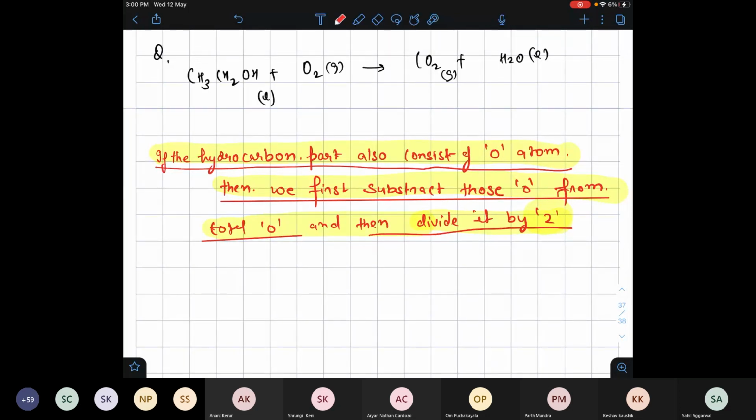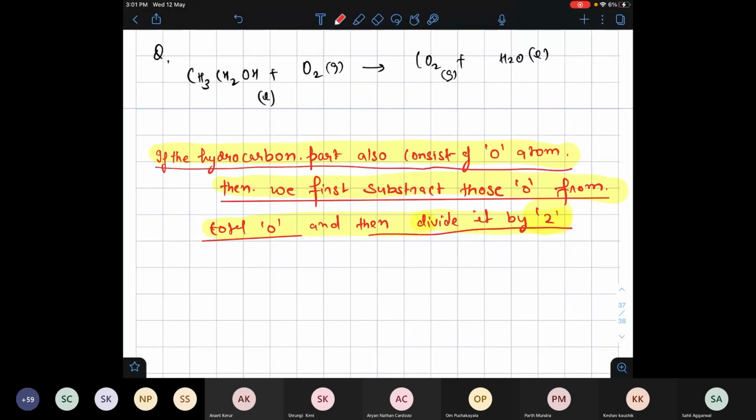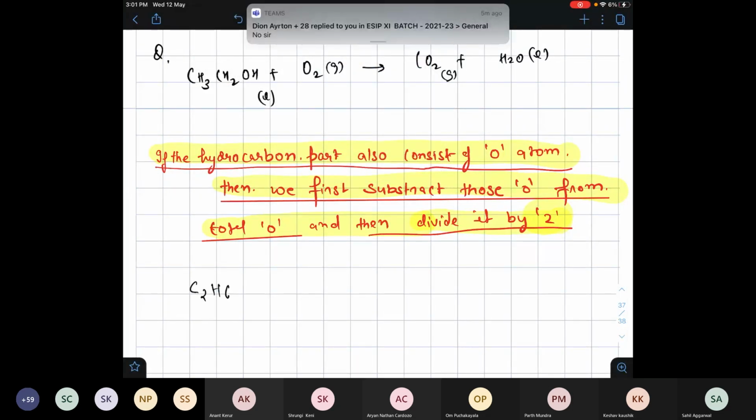Any problem to anyone in this statement? So it is basically this.